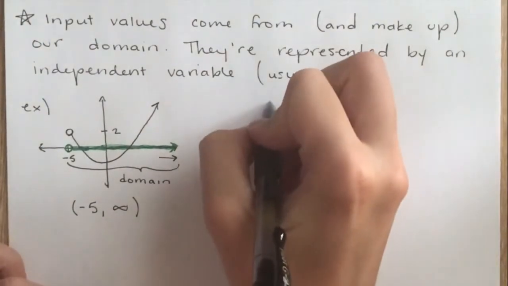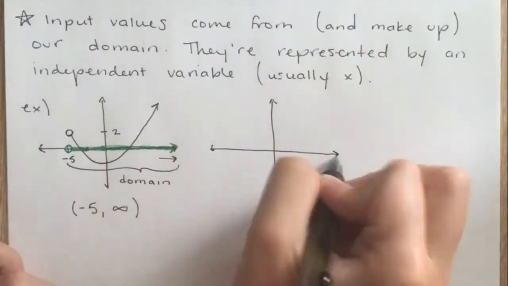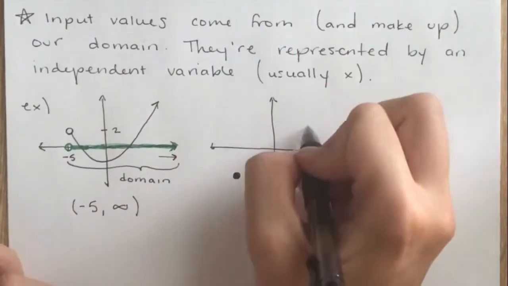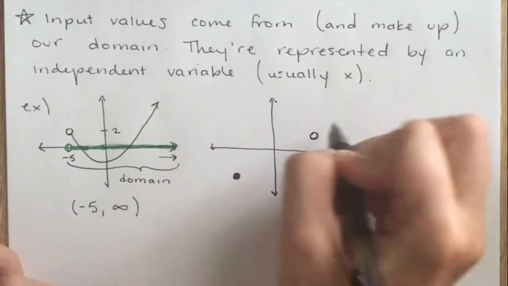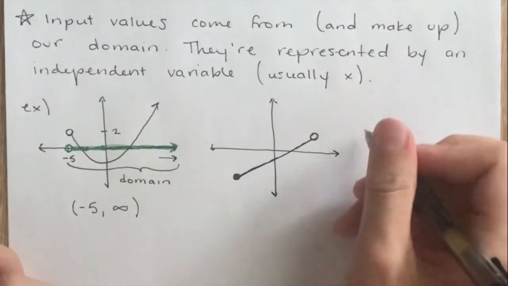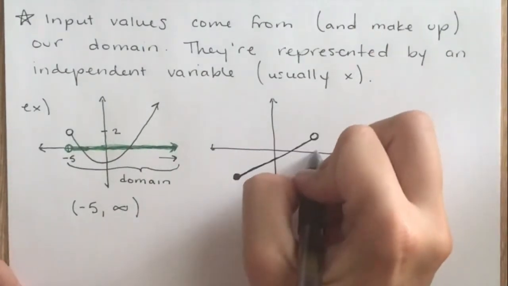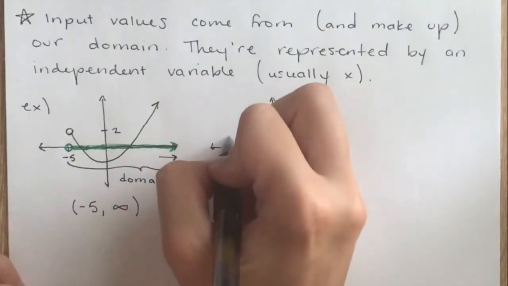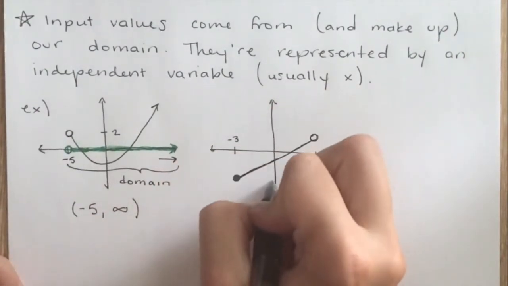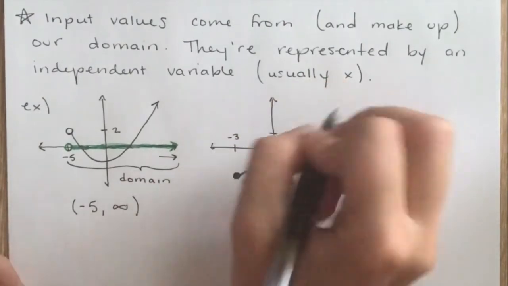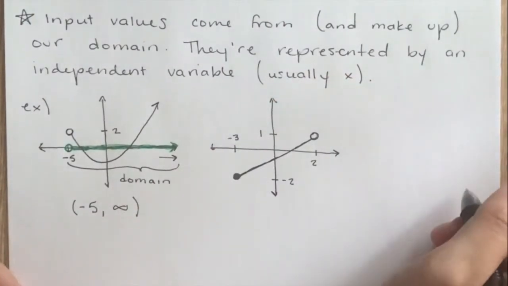Okay, next function. Let's say we've got just a line segment like this. And this point is, let's say, -3, -2, and this point is +2, +1.